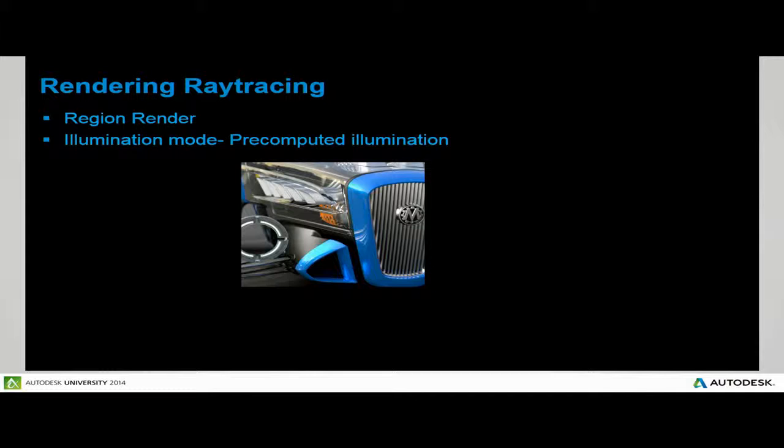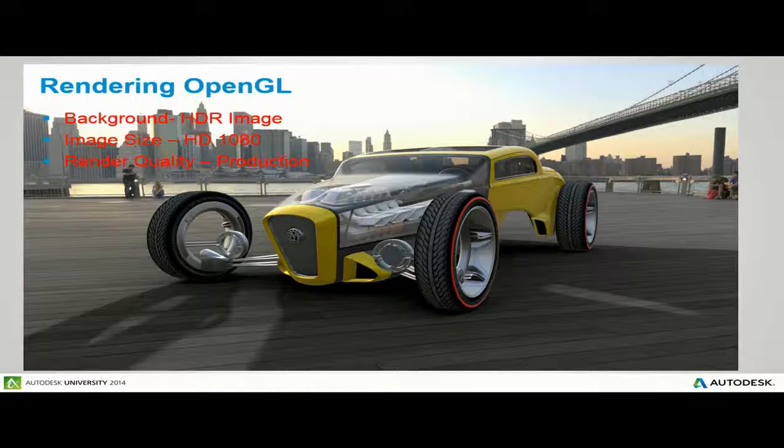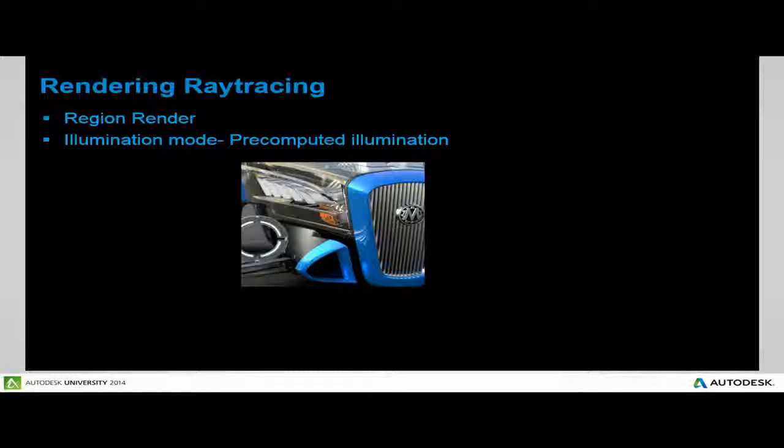This is just a region rendering for ray tracing. As you can see, those marks on the left side of the grill, you can see those reflections. If you go on the OpenGL method, you won't see those kinds of reflections and refractions. But in ray tracing, even the smallest of the reflections are present.